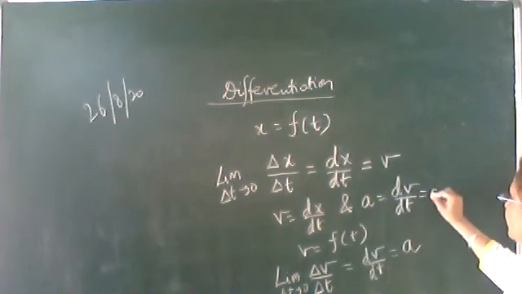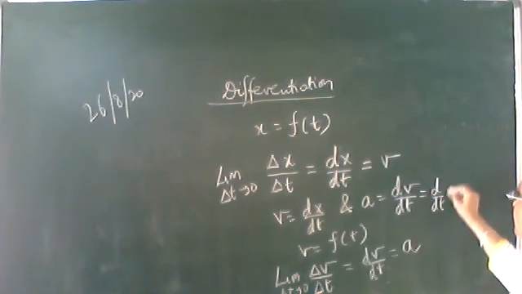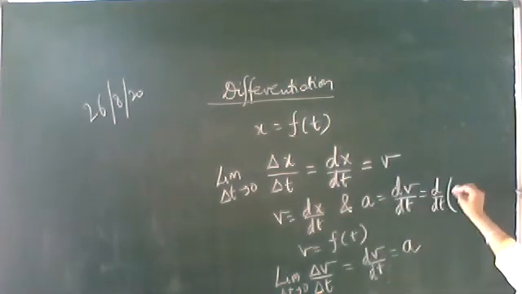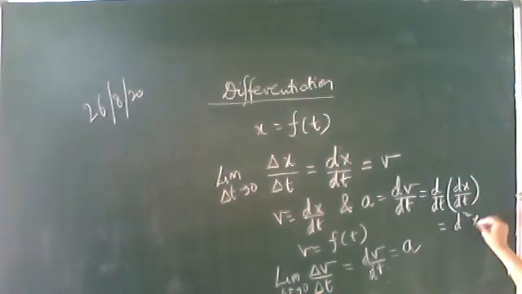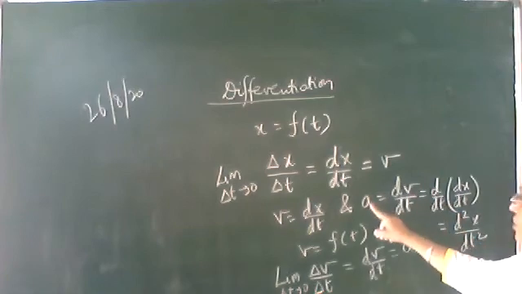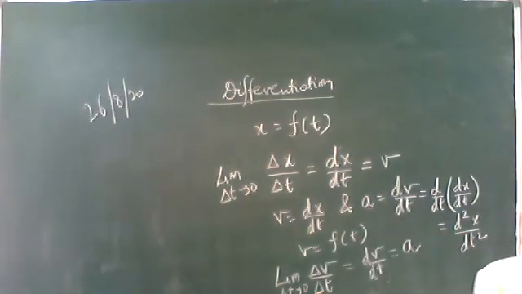Now here v can be substituted as dx upon dt. So this is written as d2x upon dt square.